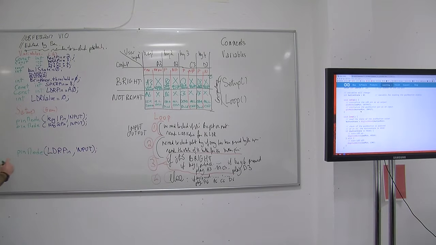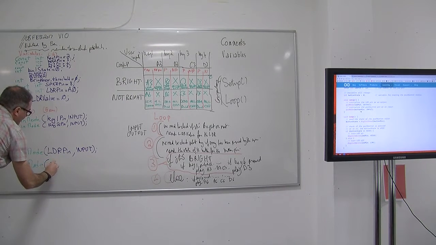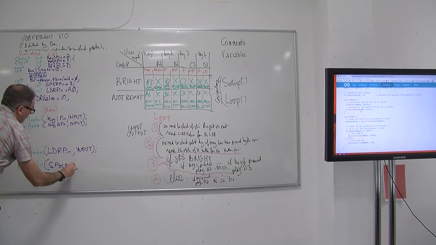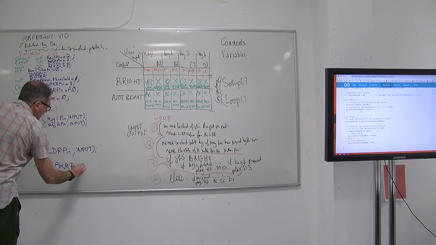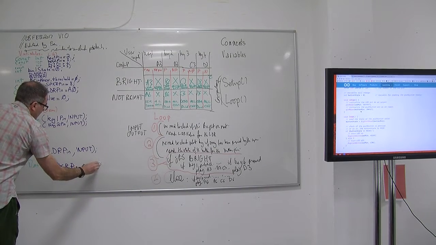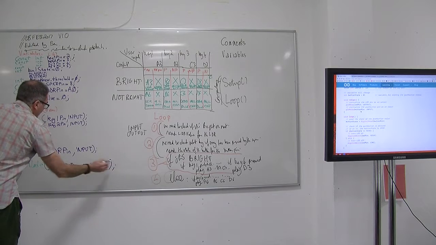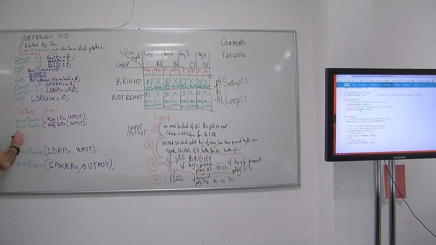And then we have the pin mode of the speaker. And that speaker is that an input or output? Sorry? Yeah, speak louder, I can't hear you. And then we can finish this.